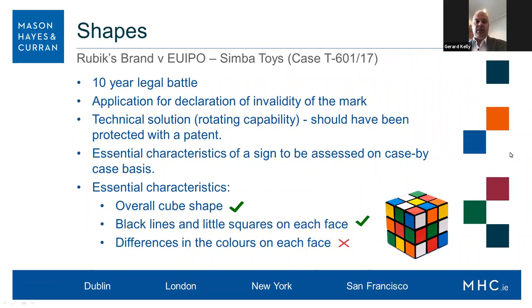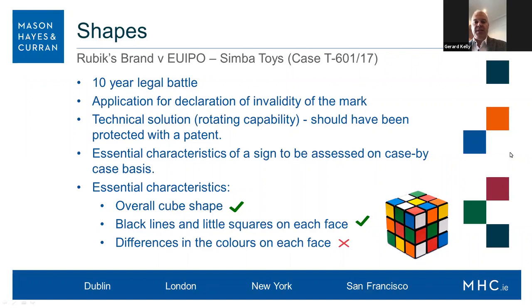So here, what the court looked at was what are the essential characteristics of this trademark as it's been depicted and as it's been attempted to be registered. And it was held that it's the overall cube shape and indeed the black lines that are used in the depiction, not the differences in colors on each of the faces. That was held not to be an essential characteristic.